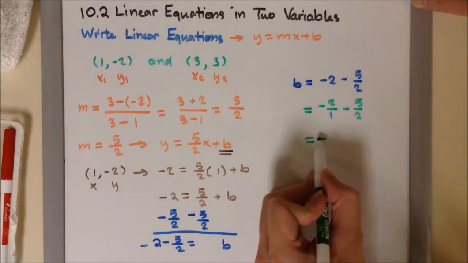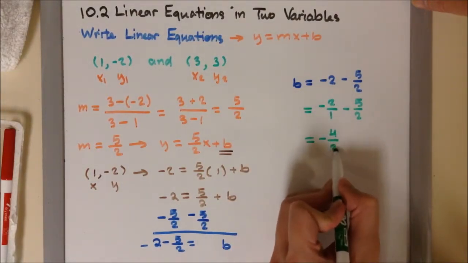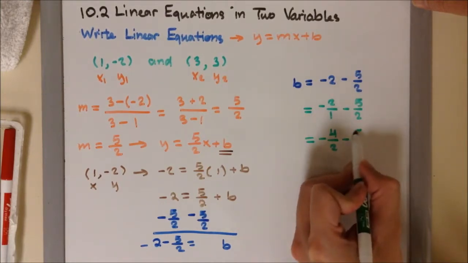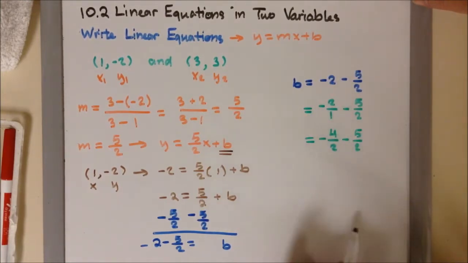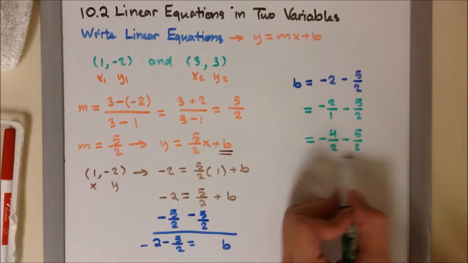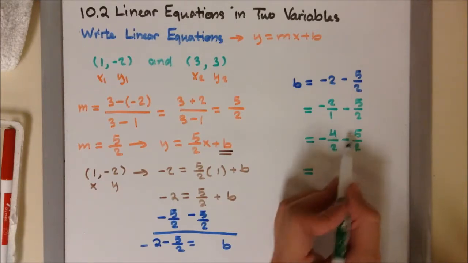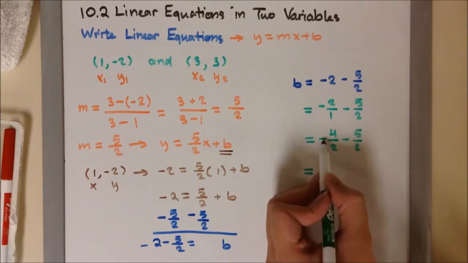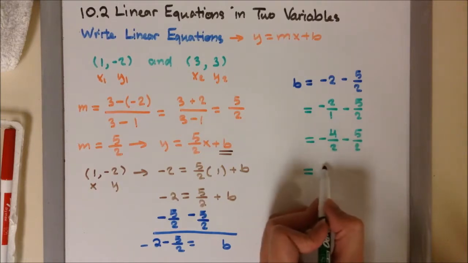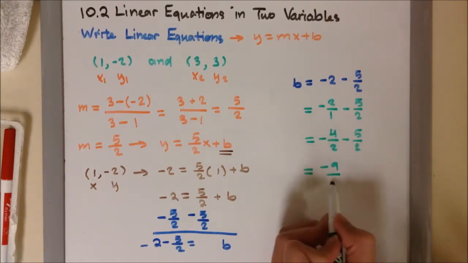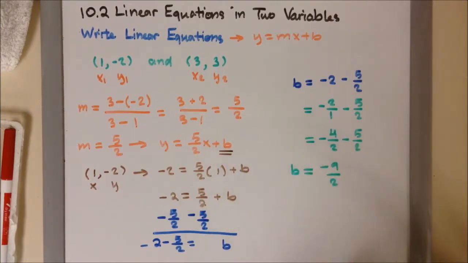So this is what I'm going to have: negative 4 over 2, and then bring down minus 5 half. Now I have two fractions with a common denominator, so I'm just going to combine the numerators. Right now it's negative 4 minus 5, which is negative 9 over 2. So that's our b value.